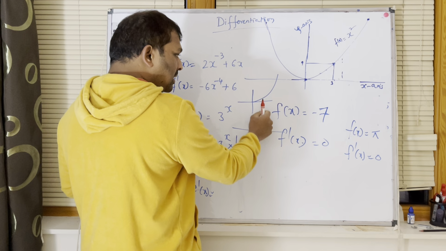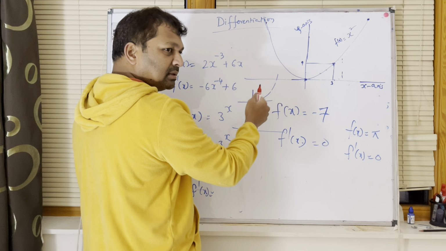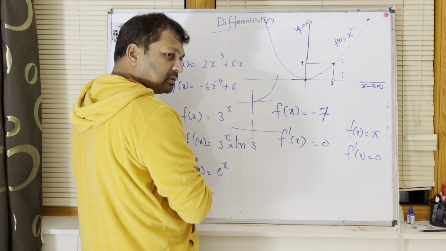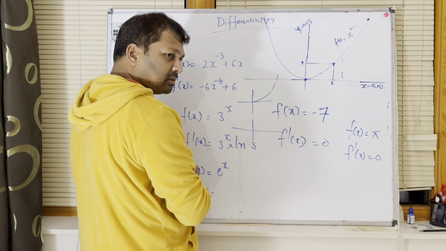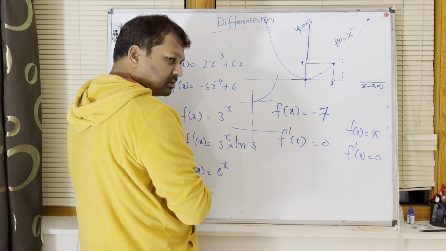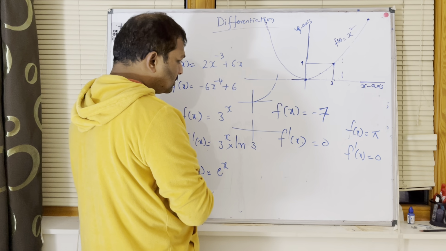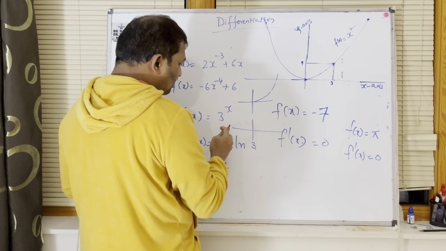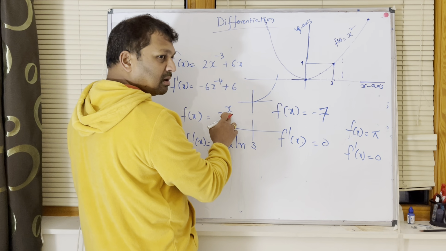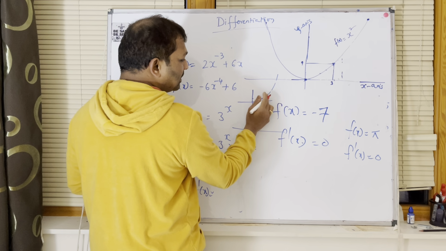Here also, the slope is increasing exponentially. You can put x as 0. How much will you get? 1. It is going to touch at 1.